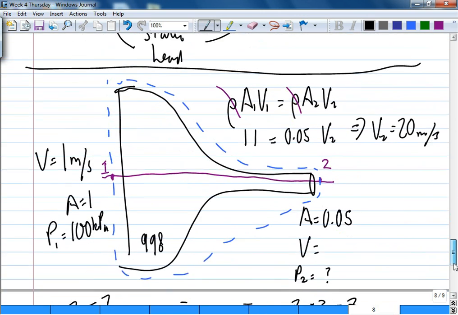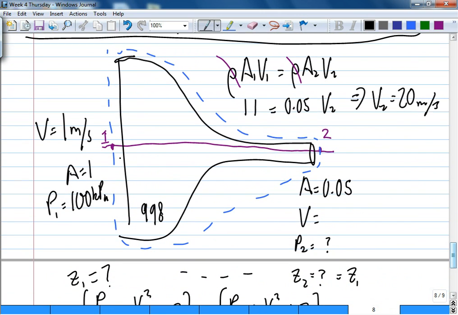Here, we've converted pressure, which is flow energy, to kinetic energy. We lose pressure, from positive 100 kPa, this will be gauge, to minus 99. So it's nearly vacuum here. Minus 99 kPa.